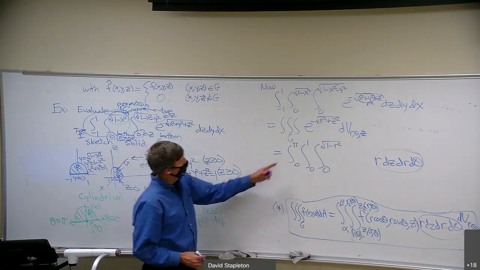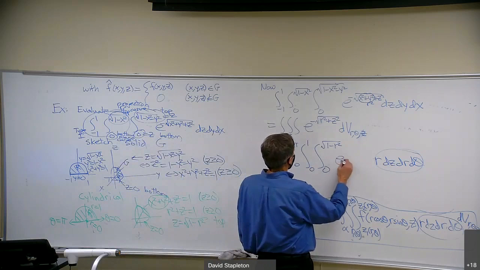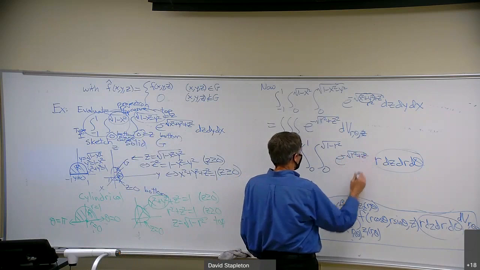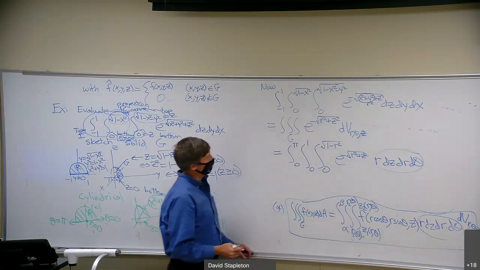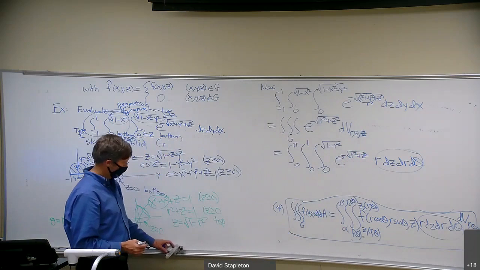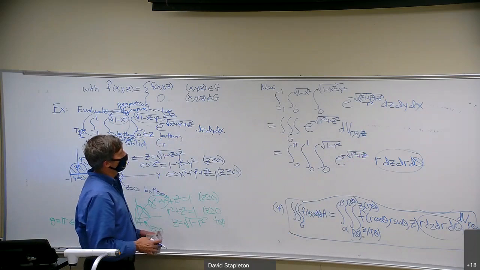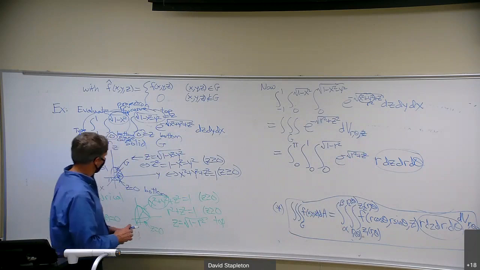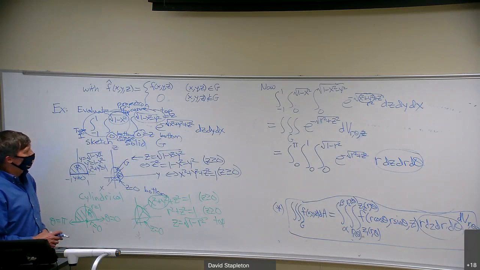And then the integrand, e to the minus square root r squared plus z squared and so on. Here's what I need to do, that integral. Any questions on that? I'll make sure that's reasonable.